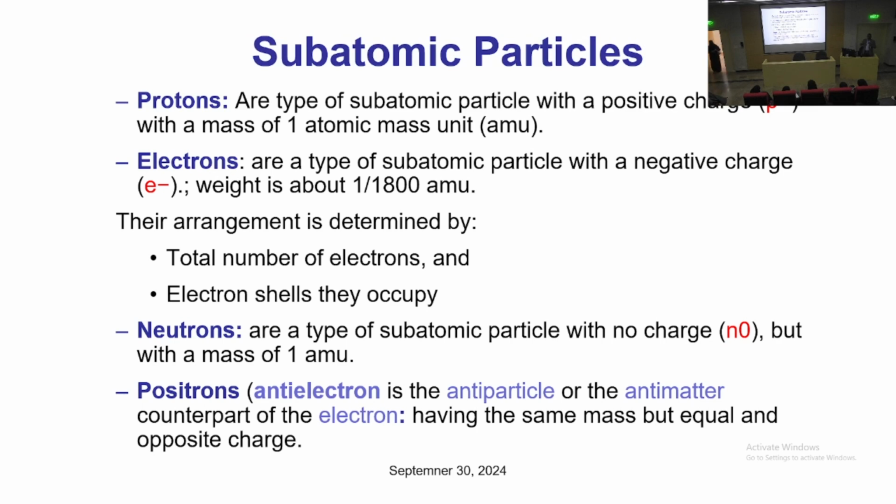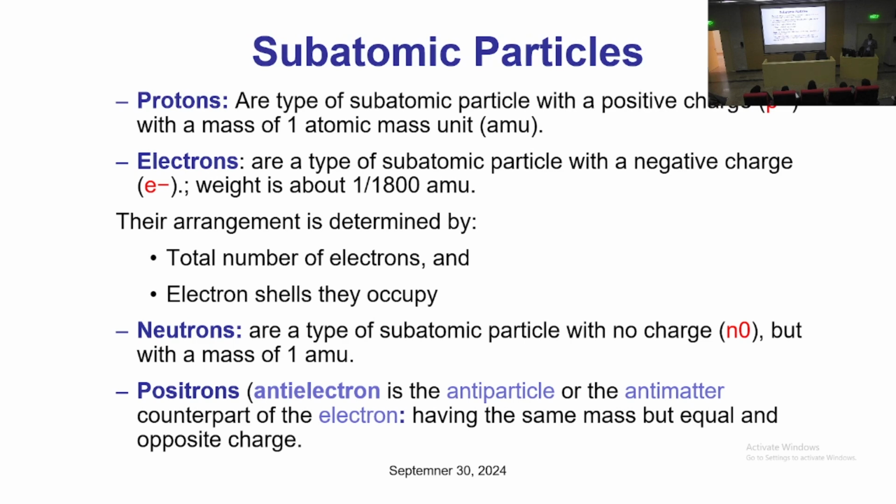When we measure these particles, we measure them with what we call the atomic mass unit, AMU. So each proton has a mass of 1 atomic mass unit and a positive charge.